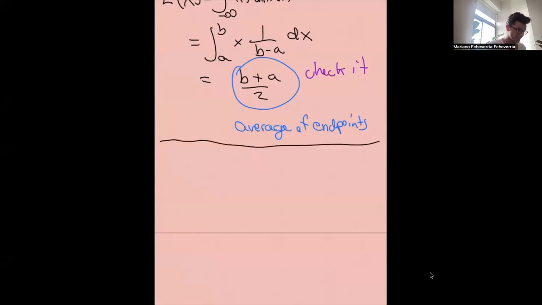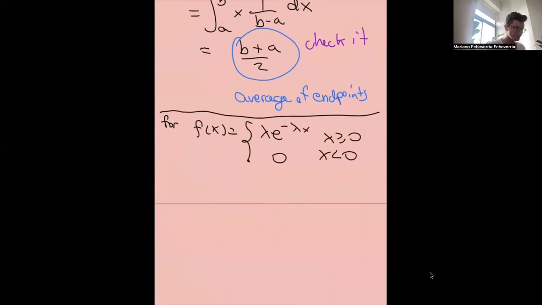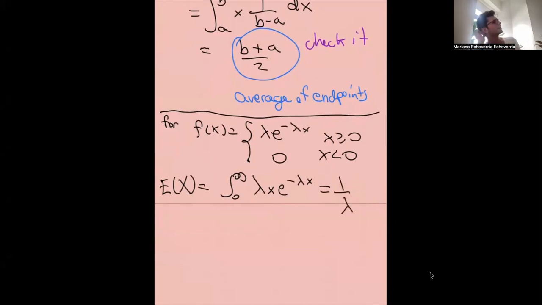For f of x, which is lambda e to the minus lambda x for x greater or equal to 0, or 0 for x negative, you can check that the expected value, the integral from 0 to infinity of lambda x e to the minus lambda x, is 1 over lambda. Here, you will have to use integration by parts at some point. So one option is to do integration by parts. That's what the book does.